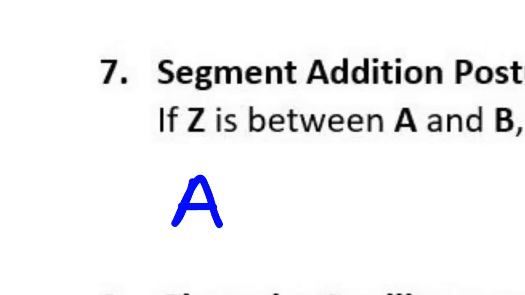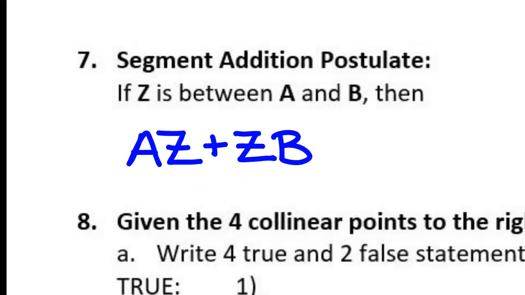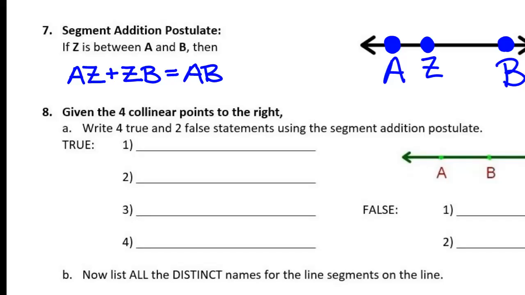So the length of segment AZ, the smaller one on the left, plus the length of segment ZB, the smaller segment on the right. When I add those two lengths together, it gives me the length of the larger segment, AB.